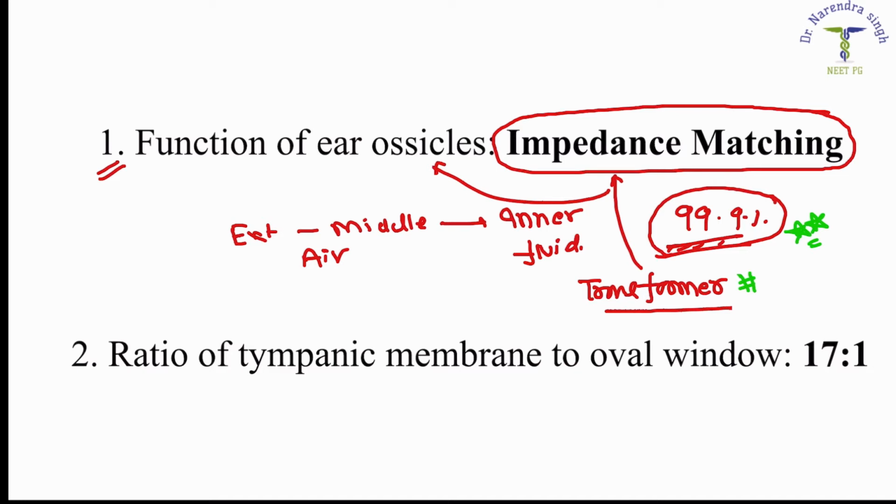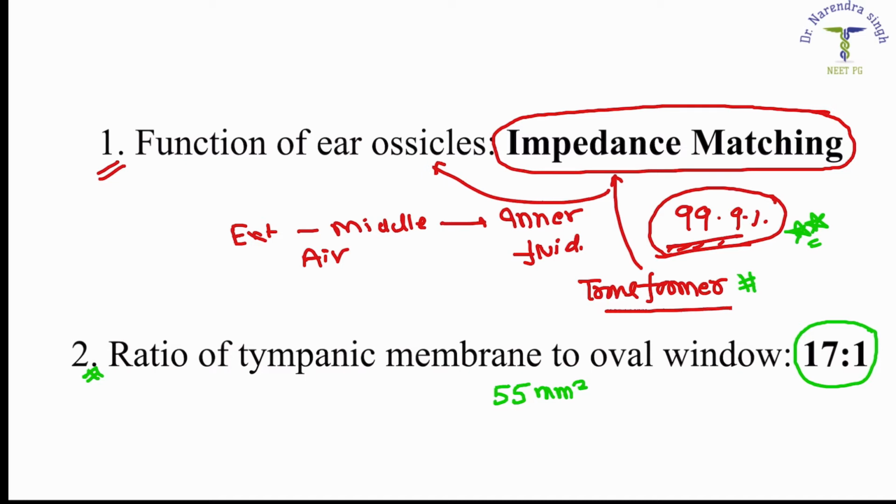Now question number 2, it says the ratio of tympanic membrane to oval window. The ratio of tympanic membrane to oval window is 17:1. So how do we come to this ratio? The effective vibratory area of the tympanic membrane, as we discussed in earlier parts, is 55 mm square.